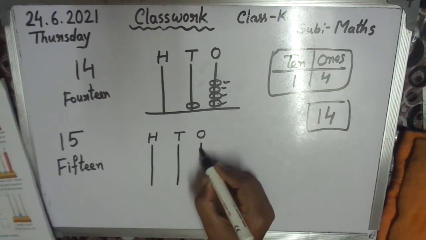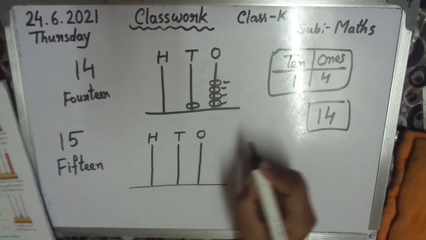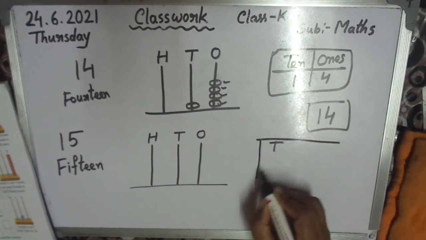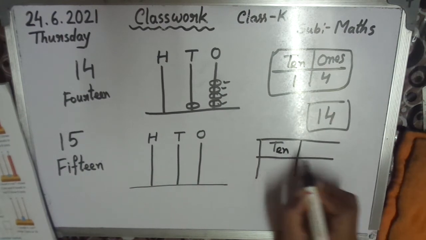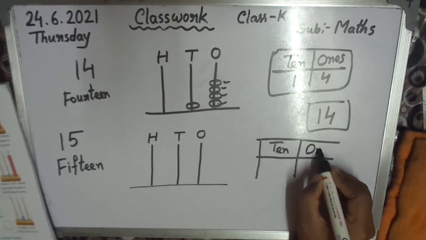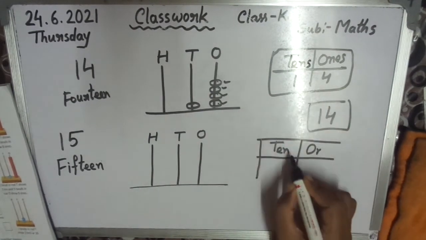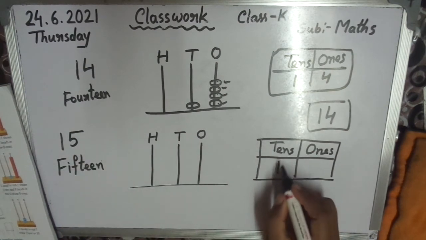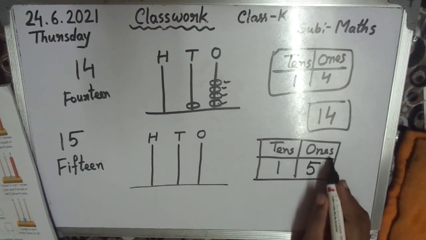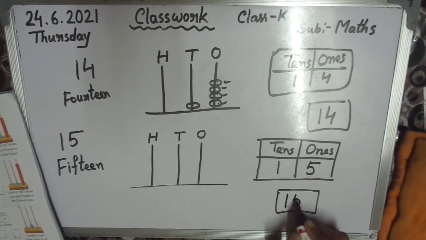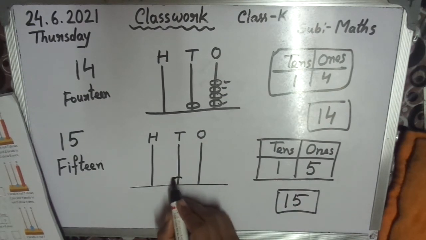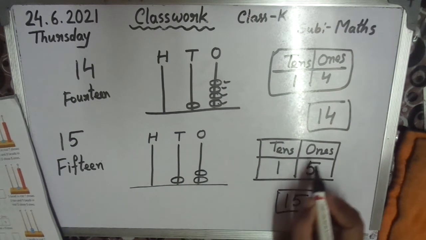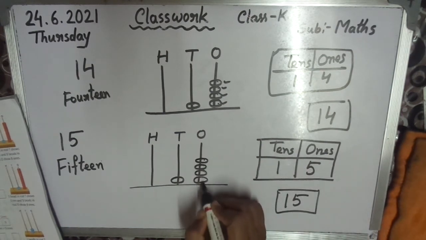First I draw the rods of the abacus. On the right side I write 15: 1 ten, 5 ones. 1 bead in tens, 5 beads in ones: 1 2 3 4 5.